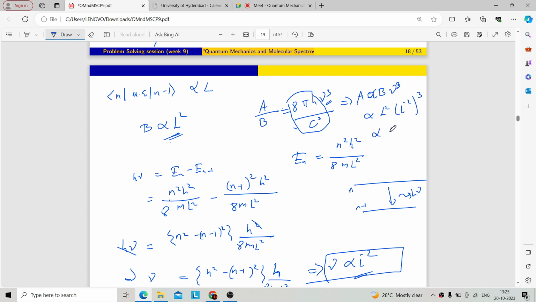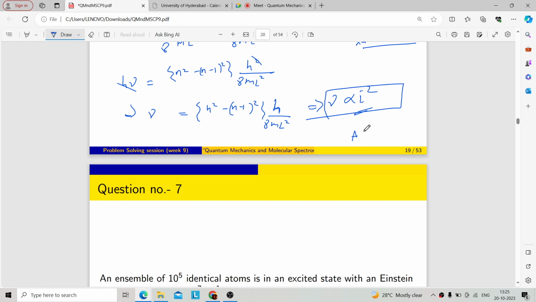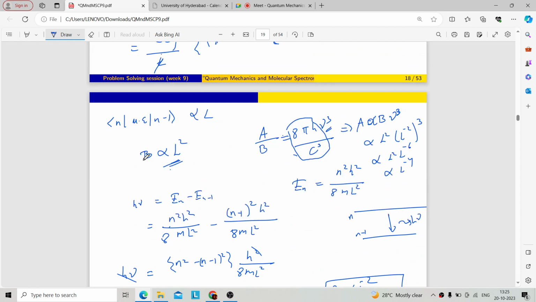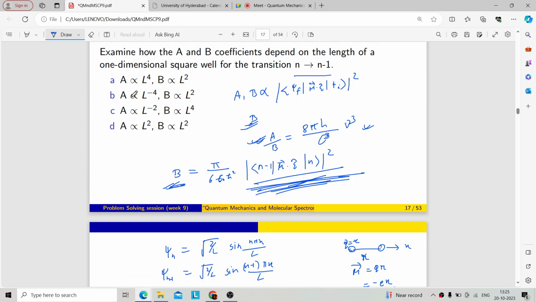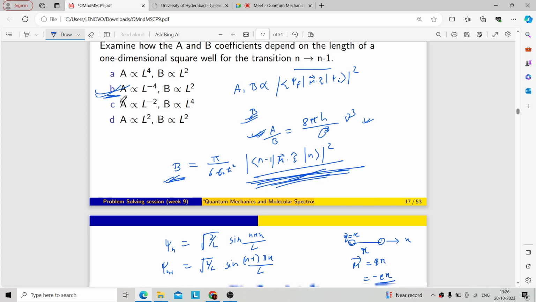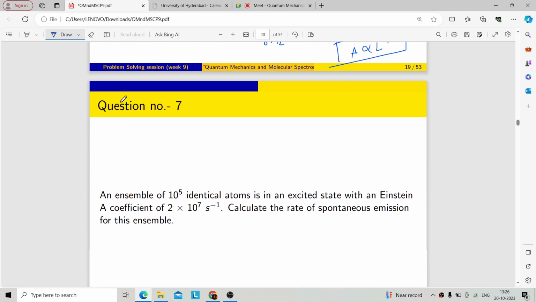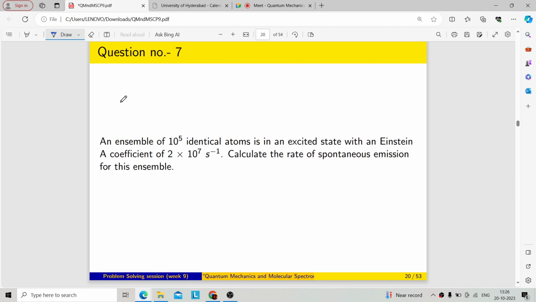So this gives L square times L to the minus 6, or A will be proportional to L to the minus 4, and B will be proportional to L square. So we have A proportional to L to the minus 4 and B proportional to L square. This is the correct answer. Moving on to the next question.